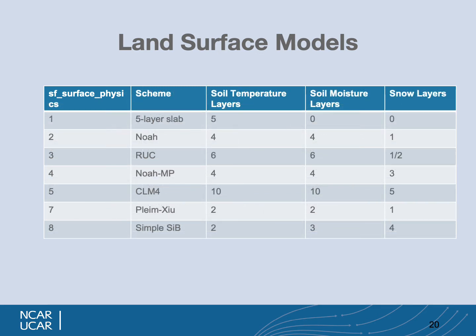This shows some characteristics of the land models. They have different numbers of soil temperature layers, different numbers of soil moisture layers, which typically match the temperature layers, and then the snow layers. Like NOAA only has 1 snow layer, but NOAA MP has 3 snow layers. So there are different levels of sophistication there in how they treat the snow prediction as well.